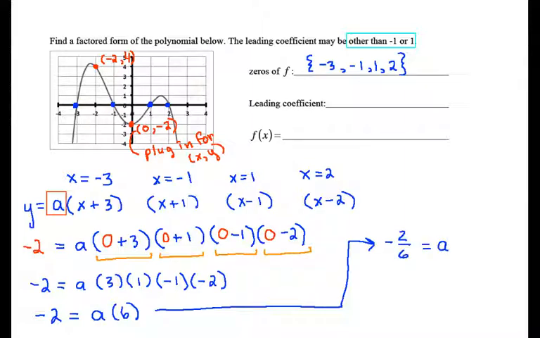And of course we would reduce that to negative 1/3. We have a common factor of 2 there. So my leading coefficient first of all is negative 1/3, and my function overall will start with the leading coefficient and then have all of the factors follow: x plus 3, x plus 1, x minus 1, and x minus 2.